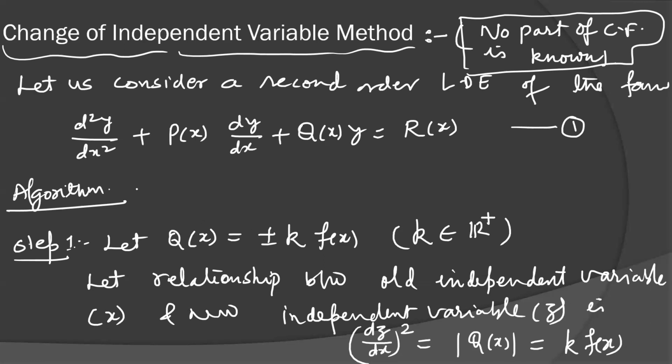Remember, x was the old independent variable. I'm taking the new independent variable z, and this is the relation between old and new. This method is called the change of independent variable method.